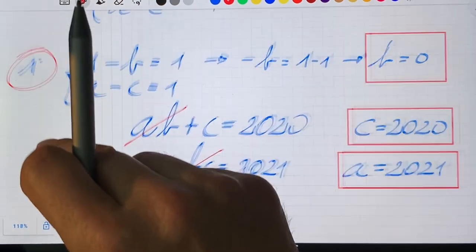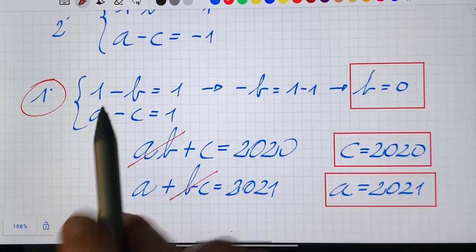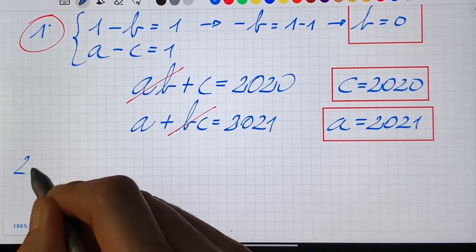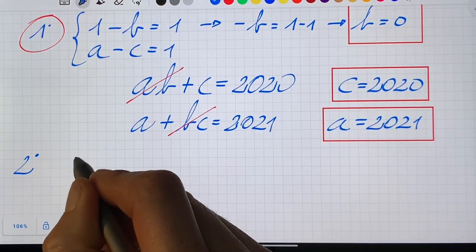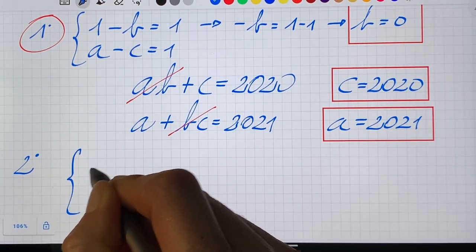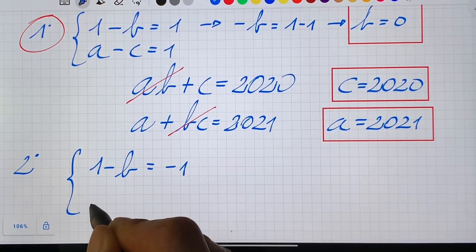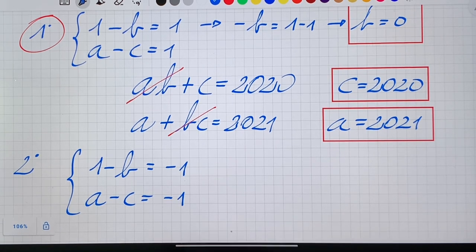Now, second case. Second case is minus 1, is this one. One minus b is equal to minus 1, and a minus c is equal to negative 1.